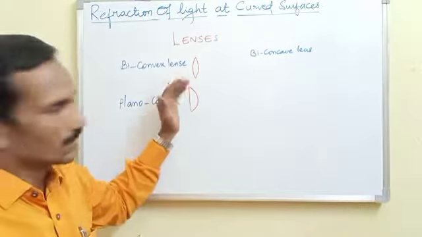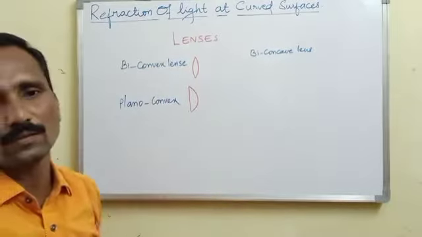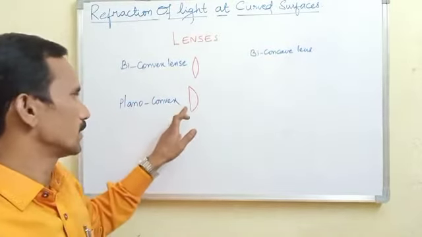So this has at least one curved surface. This is the plano convex lens.